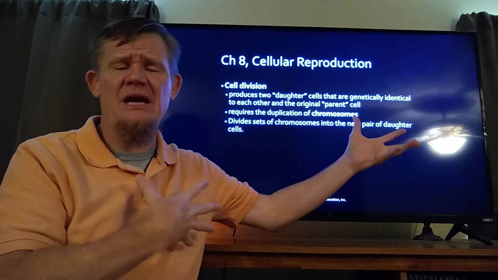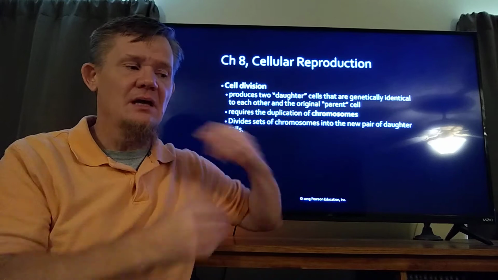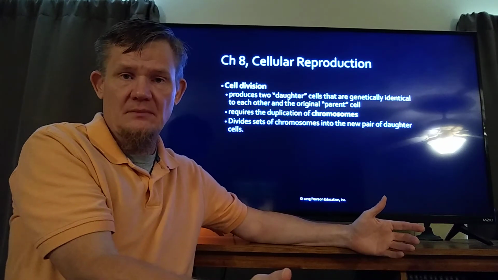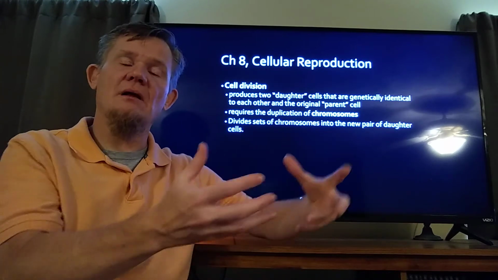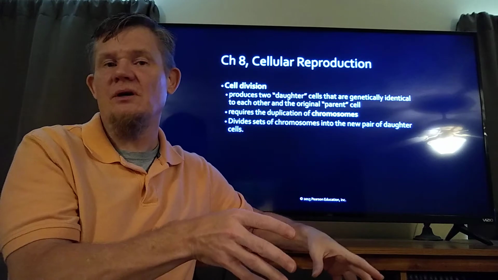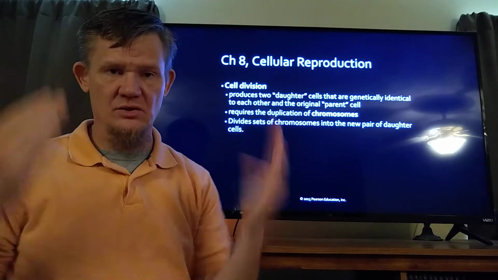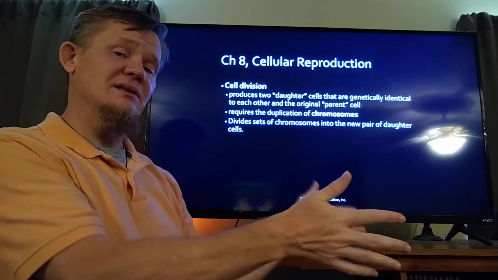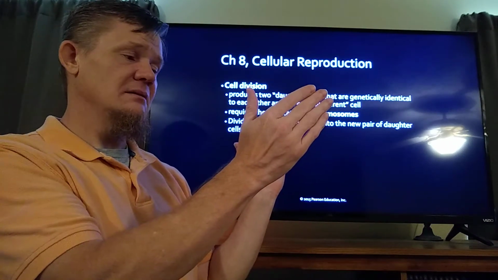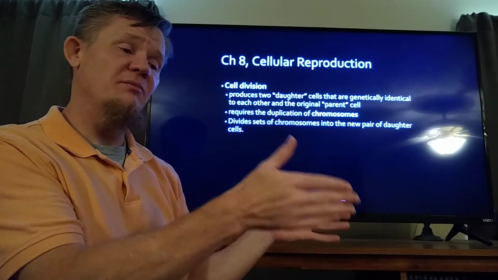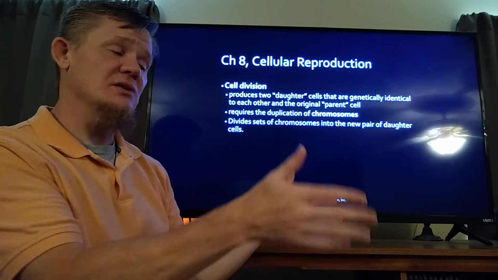And if we imagine this parent cell as having a complete set of recipe books, before this parent cell dies, if this parent cell wants to be sure that both of its daughters have a complete set, what does mom have to do to that set of recipes? What does she have to do to that set of books before she dies? She has one set.